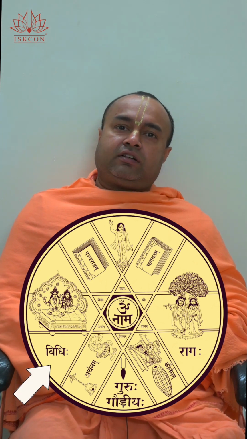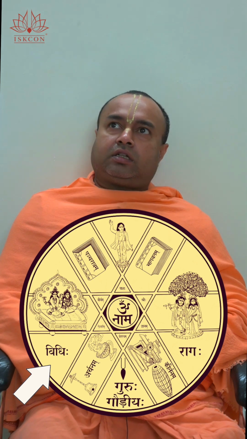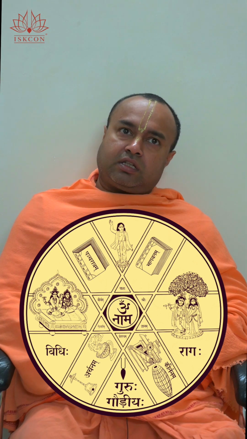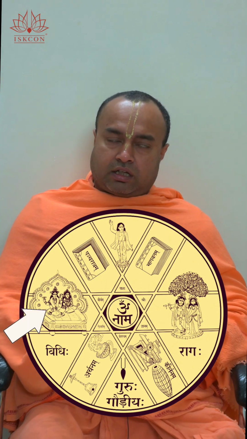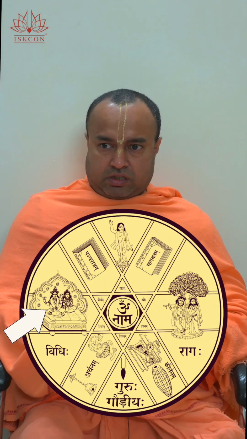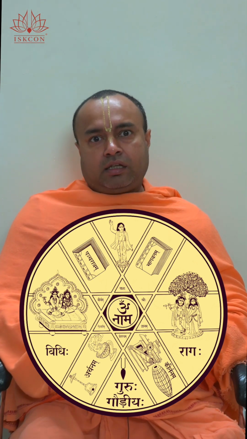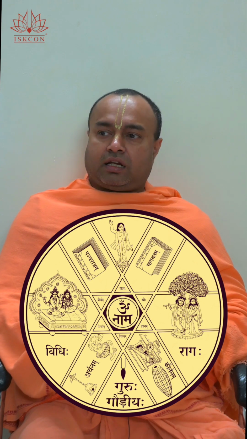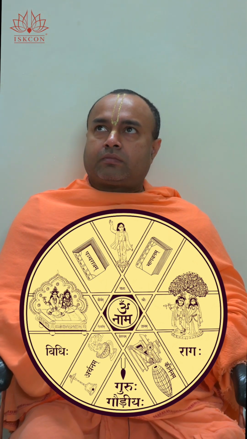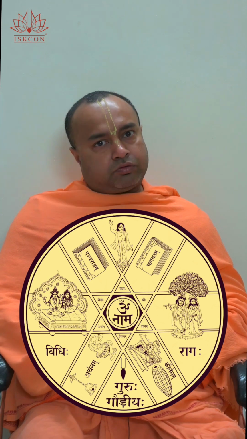On the left hand side, we see the Vidhi Marg symbolized by Archana. That's why we see Lakshmi Narayan seated over a golden throne, which symbolizes formality, regal and a more formal approach to worship.